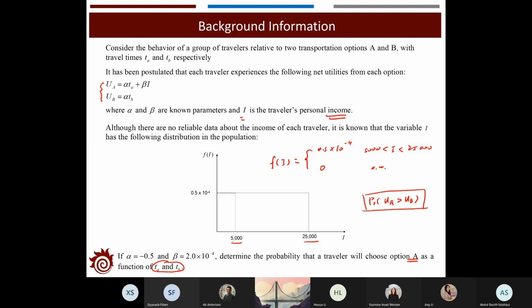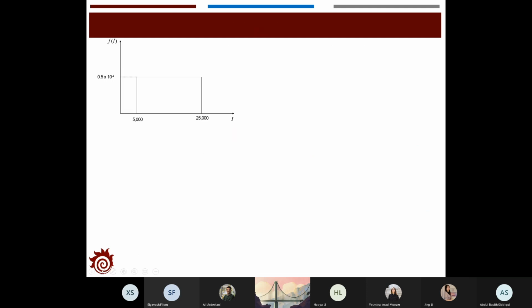Alpha and beta are constants. TA and TB are input variables, not random variables, but I is a random variable in this problem. It follows a uniform distribution, and that's the part we have to deal with. To do that, we will first check the uniform distribution.